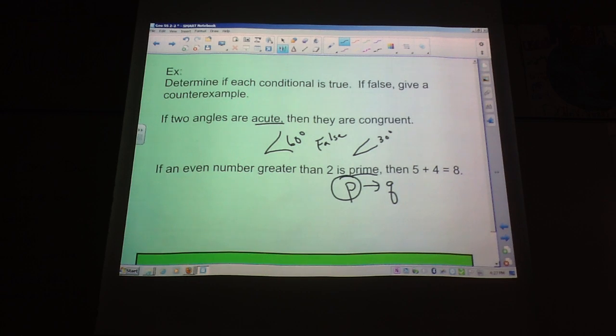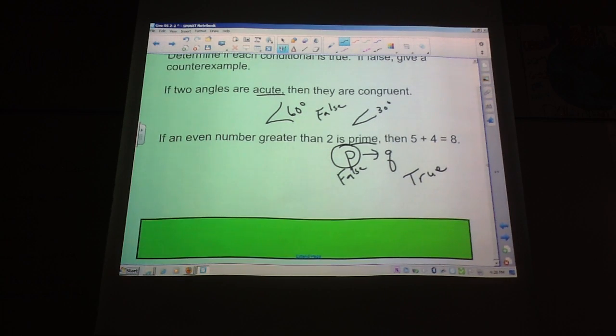So if our P is false, then it doesn't matter what comes after it, because it doesn't really imply Q. So if this is false, it doesn't imply Q, so we're just going to say true. Anytime that our first hypothesis is false, then it really doesn't imply anything. So that would be true then.